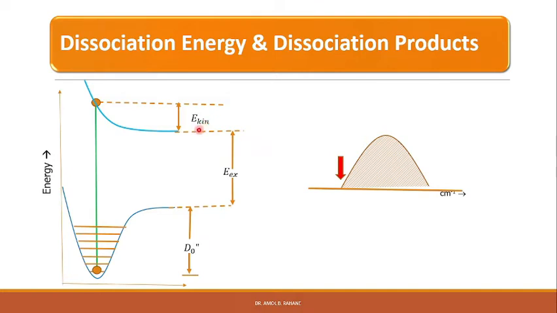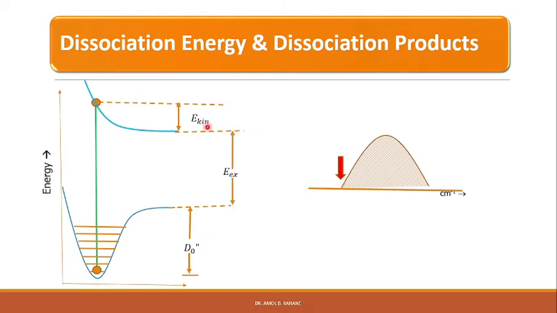And since E_kinetic is not quantized, the whole spectrum of this system will exhibit a continuum, the lower limit of which, if observable, will be precisely the energy D0'' plus E_XE. That means this energy corresponds to this dotted line.